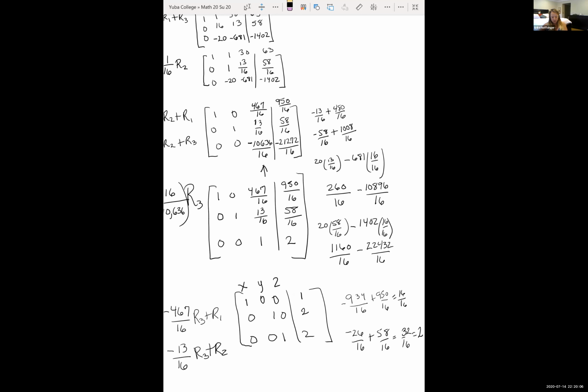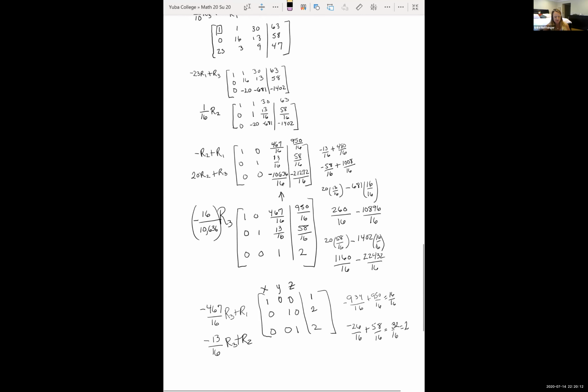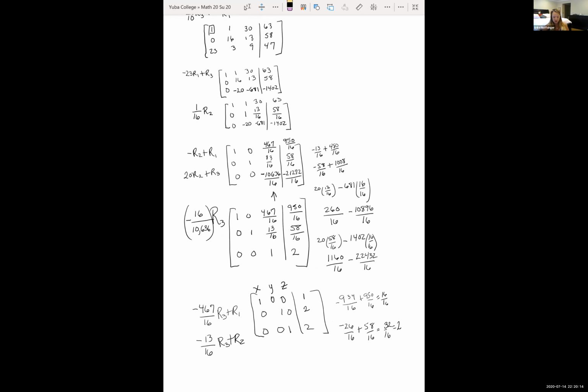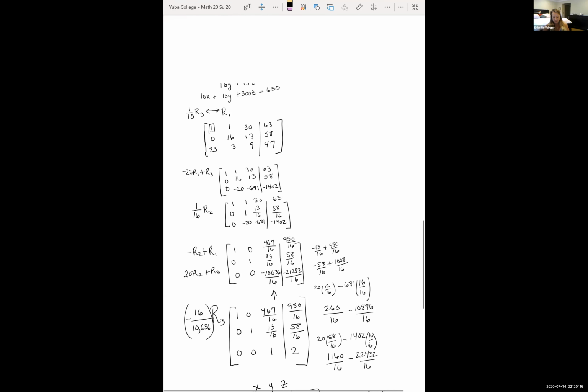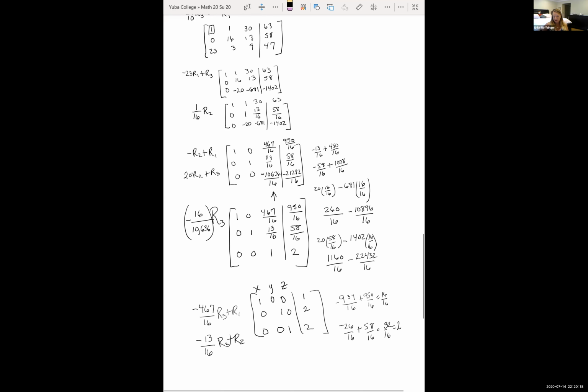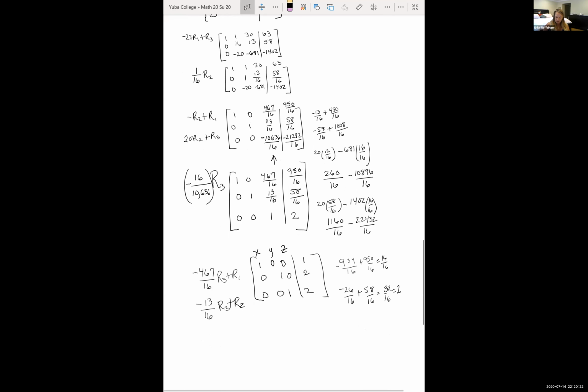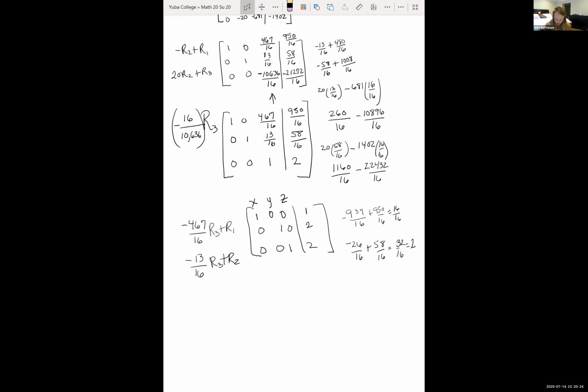So now we can read this off. X is equal to 1, but remember we chose X to be the number of servings of the pork chops, Y was equal to the number of servings of the corn, and Z was the number of servings of the milk. So this patient can get 1 serving of pork chops.